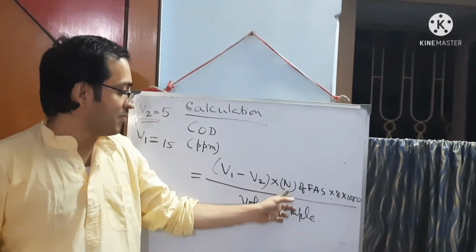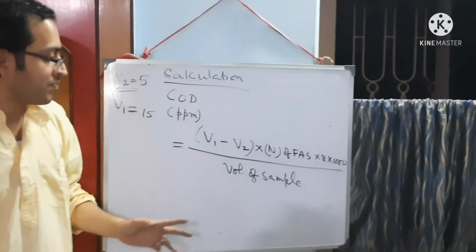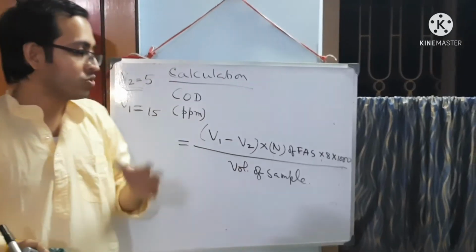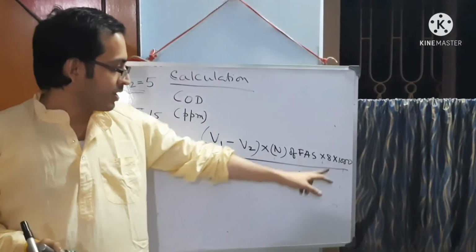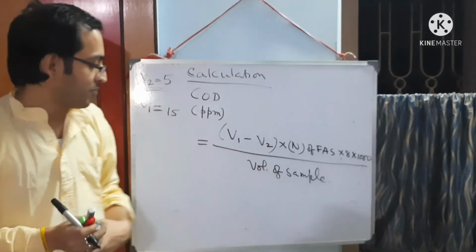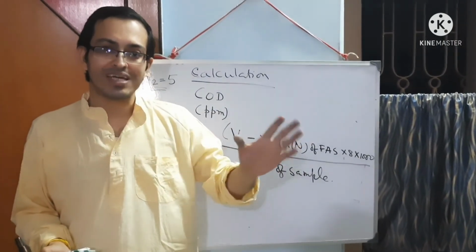And N means the normality of FAS. Previously I told you that the ferrous ammonium sulfate has a normality of 0.025. And these are the factors, 8 into 1000 divided by volume of sample. So volume of sample, 10 ml of water sample was taken.